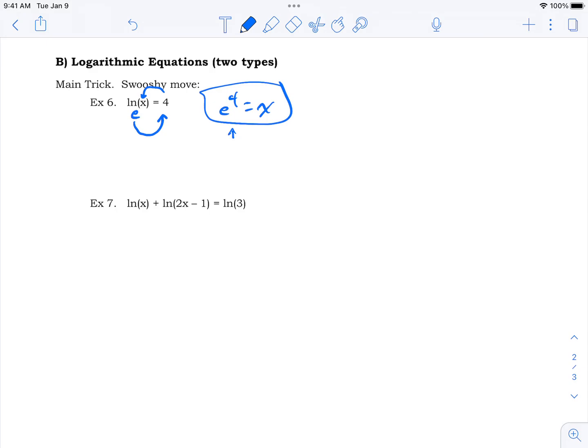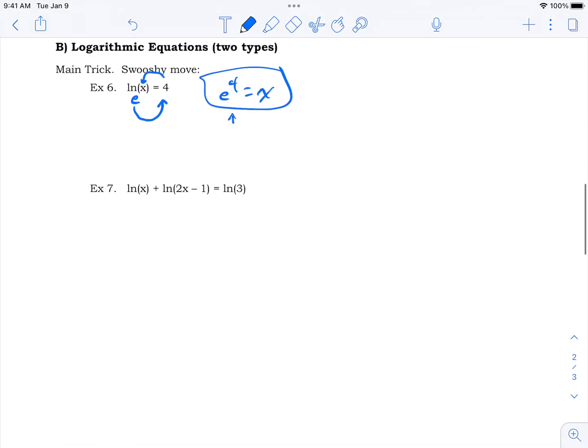Swooshy move works here too, although this is a little bit different, because remember what I was saying. We got two logarithms over here, so how am I supposed to do a swooshy move with this one and this one? It's not working the way that's set up, right?